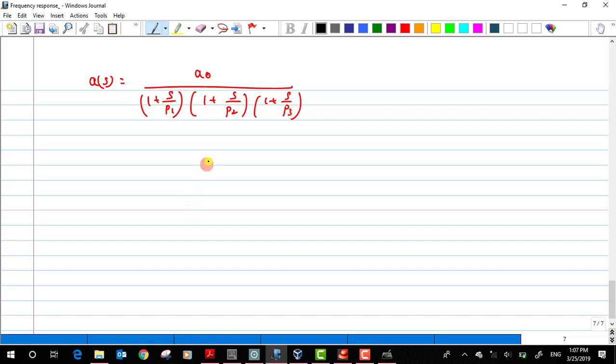Again, I'm going to use this S plane, and let us assume that P1 is the most dominant one, and I have P2, and somewhere here P3. These are the locations when I have beta equals 0.